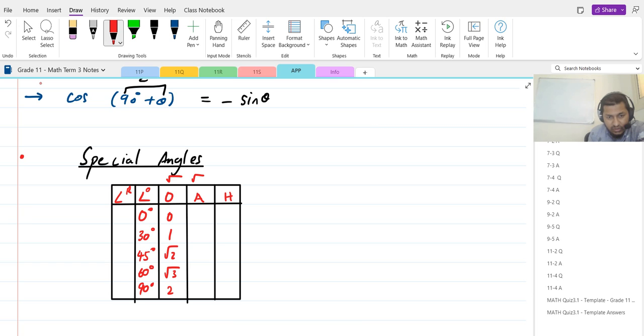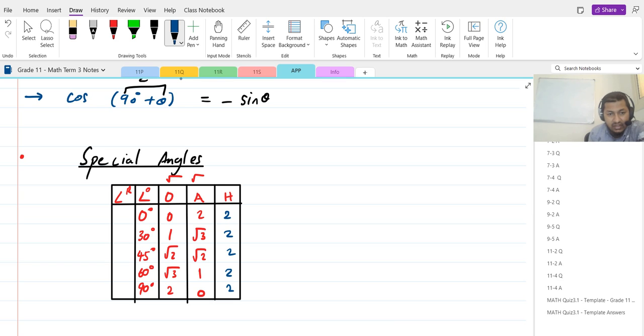Then go backwards and count up: 0, 1, 2, 3, 4, same square roots. And the hypotenuse is just all 2's fixed.